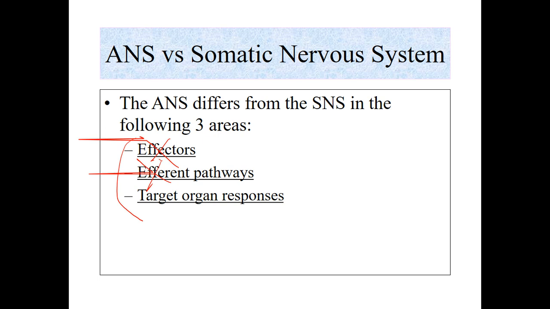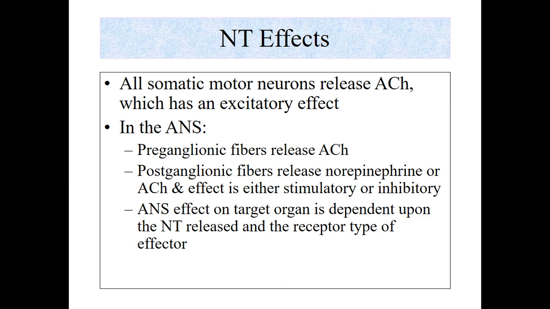So now what we're left with are the target organ responses. All right, somatic motor. The neurotransmitter is acetylcholine, and it's going to have an excitatory effect, right? If we're sending a signal to skeletal muscle, we want it to contract. So that's pretty straightforward. In the autonomic nervous system, we're going to have 2 fibers.